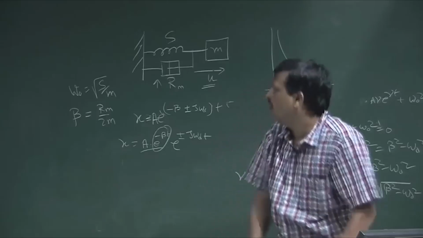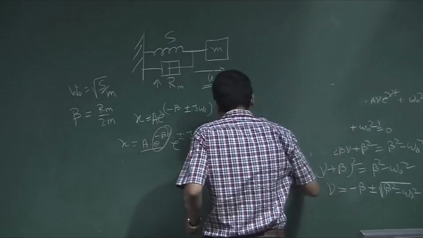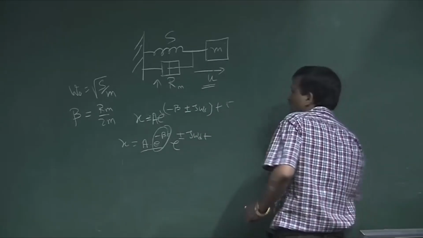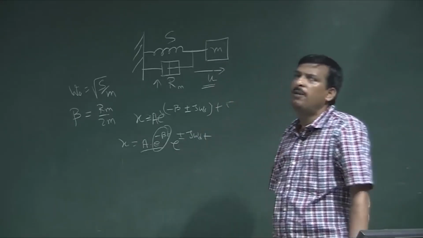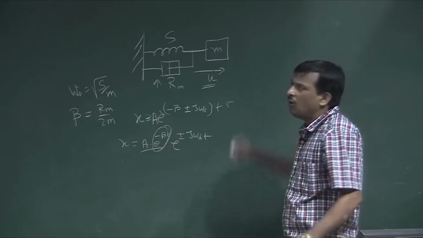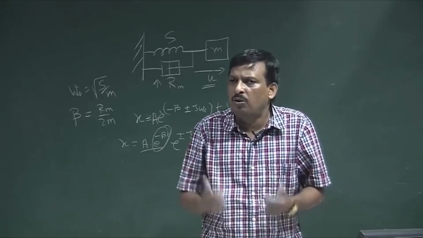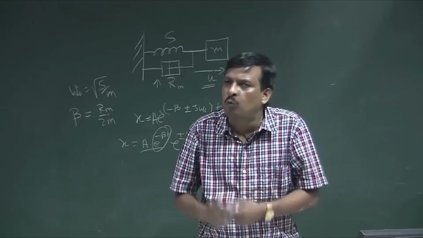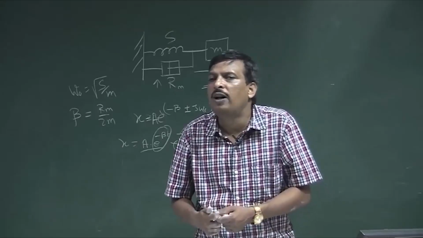Okay. Now, there is another terminology, which is called characteristic time. What is characteristic time? It is defined as follows: if a damped oscillation has an initial amplitude A, it is the time required to reduce that amplitude by a factor of 1 by e.